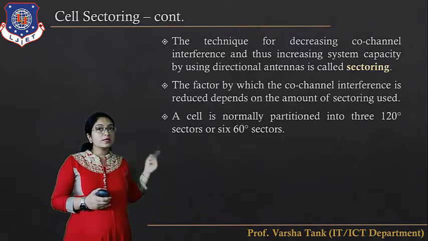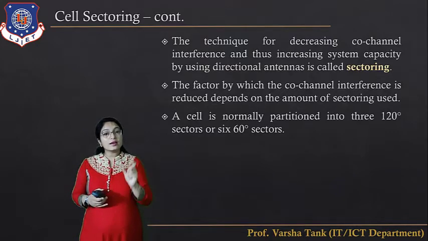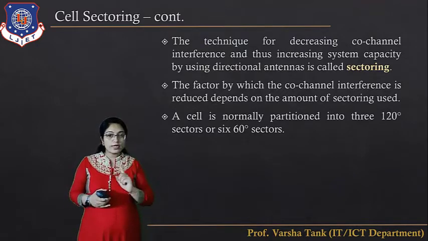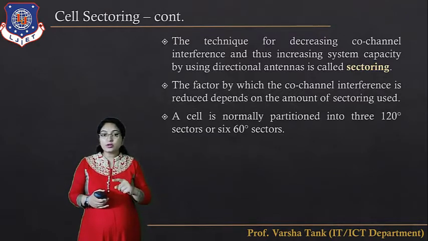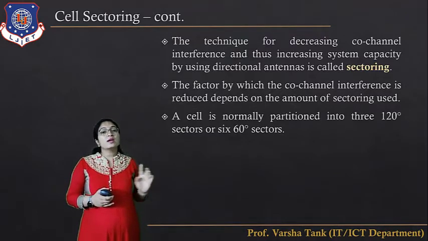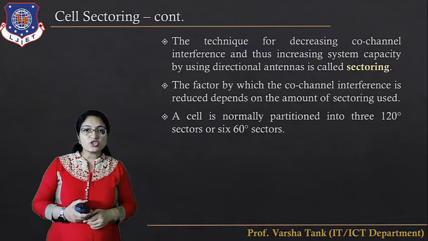So what is the difference between cell splitting and cell sectoring? In cell splitting, we are decreasing the radius. Here we are not decreasing the radius. Transmit power is also decreased in cell splitting. Here the transmit power is the same, but the antenna is replaced by the directional antenna.